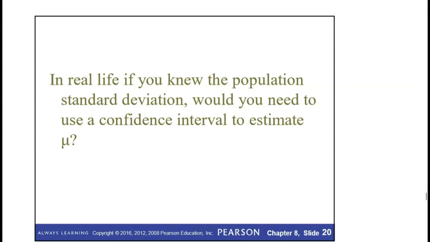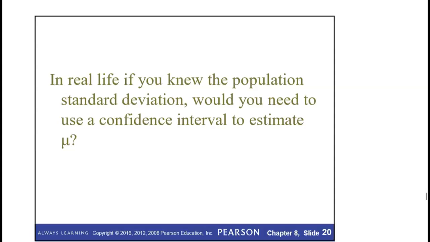In real life, though, in the previous video, we were working this out with the assumption that we knew what the standard deviation of the population was. We knew sigma. But in real life, if we knew the population standard deviation, would we need to conduct a confidence interval to estimate mu, or the population mean?